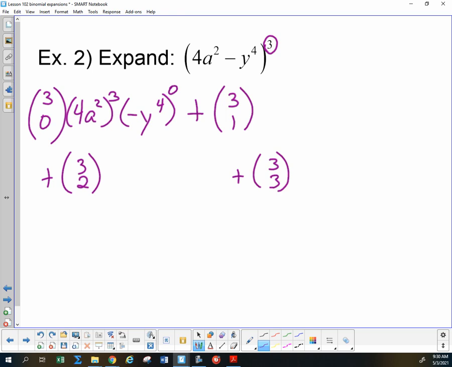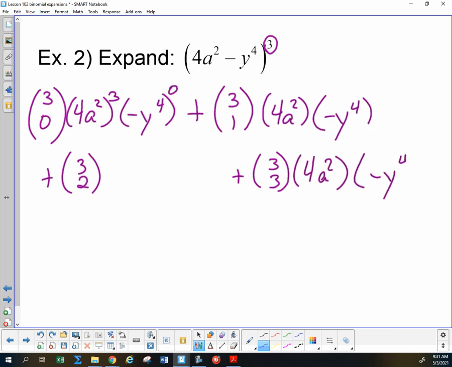We've seen that before as we've done expansions. Cubed has 4 terms, so the fourth has 5 terms. Each of these terms is going to have 4a squared to a power, minus y to the 4th to a power. And each of the exponents will still follow the same pattern.